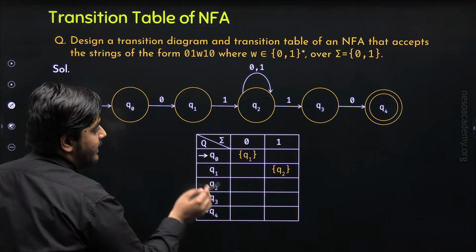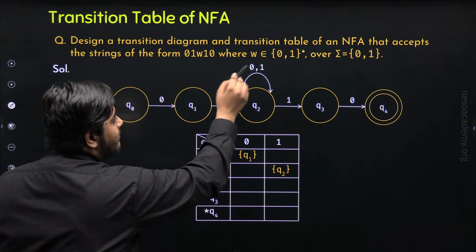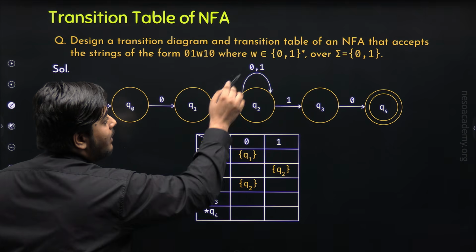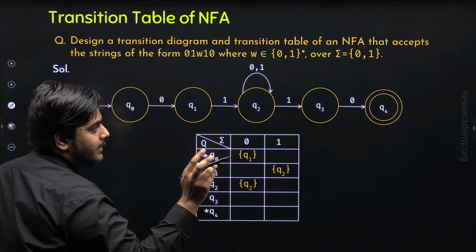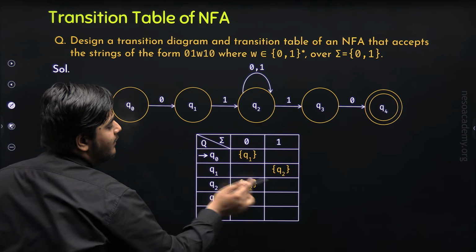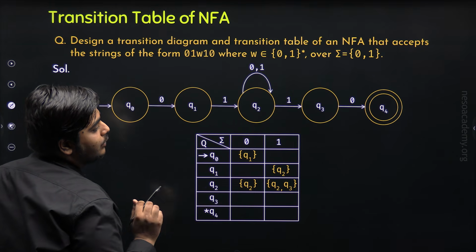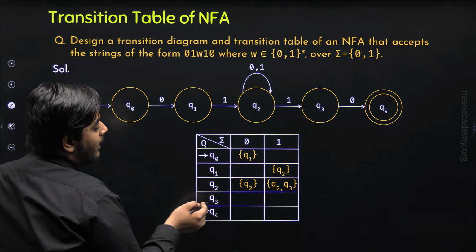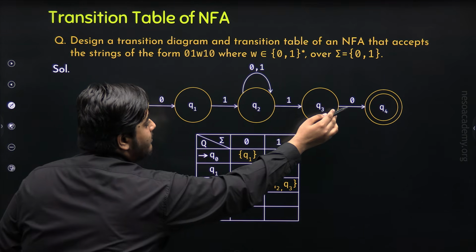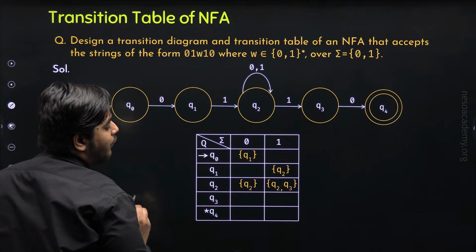Now if we talk about the state Q2, for the input symbol 0, the next state is Q2 itself. For the input symbol 1, we have two next states, Q2 as well as Q3. So here we will write Q2 as well as Q3 in the form of a set. Now let's talk about the state Q3. Q3 on input symbol 0 gives the next state Q4.